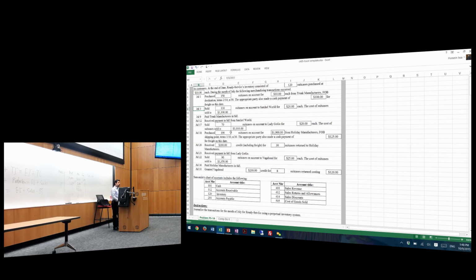The company sold 110 suitcases on account to Satchel Word for $20 each. Whenever you have a sale under the perpetual system, how many entries do you make? Two. When you make a sale, you make two journal entries. The first one is to recognize the revenue, to record the sale.